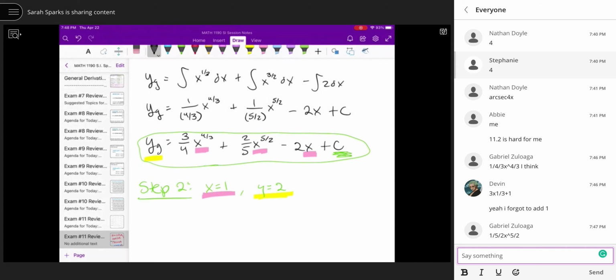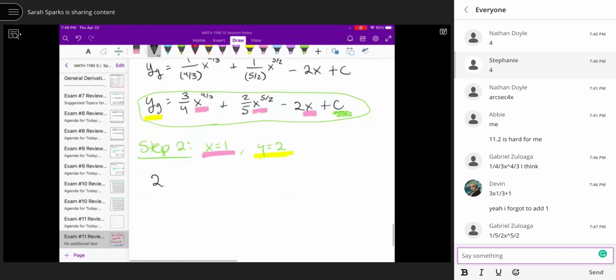Okay. So we're going to have 2 is equal to 3/4 times 1 to the 4/3, plus 2/5 times 1 to the 5/2, minus 2 times 1 plus c.